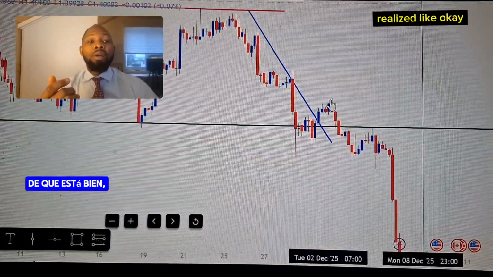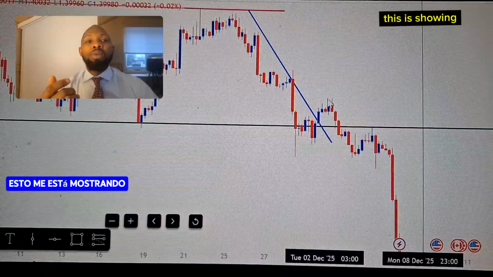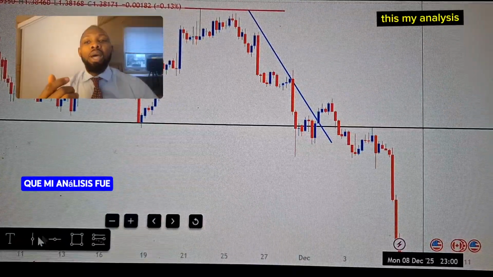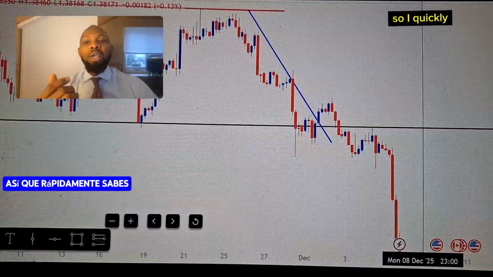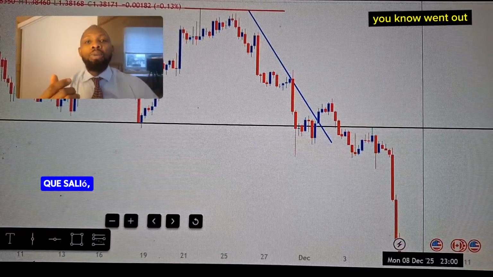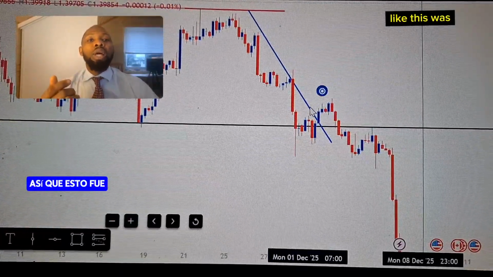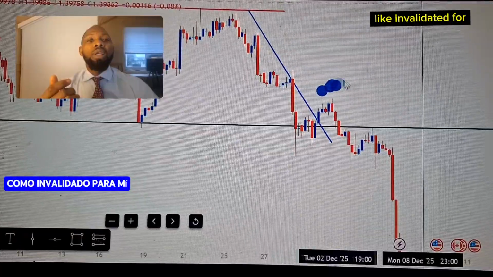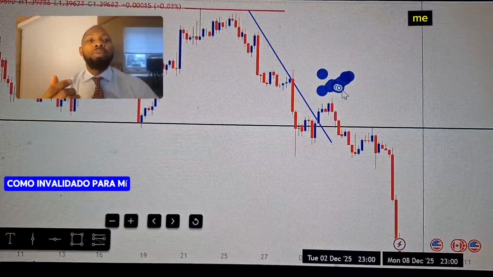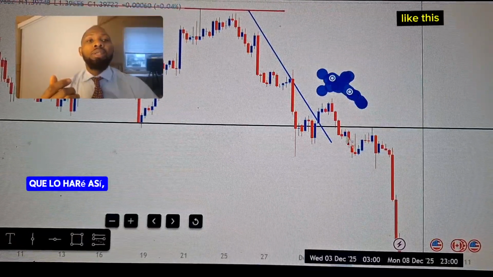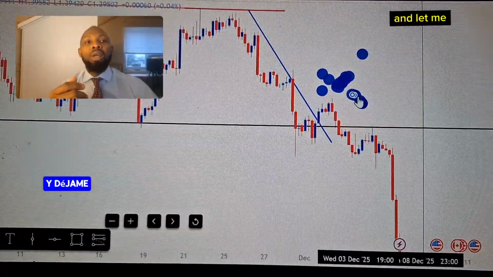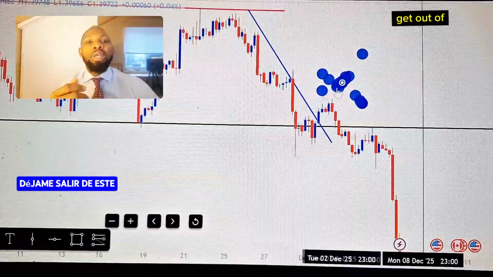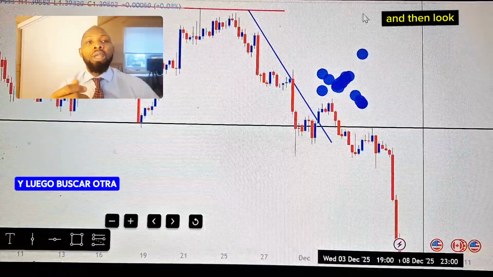Then I realized this was showing me that my analysis was invalidated, so I quickly went out. This was invalidated for me, so let me get out of this trade.